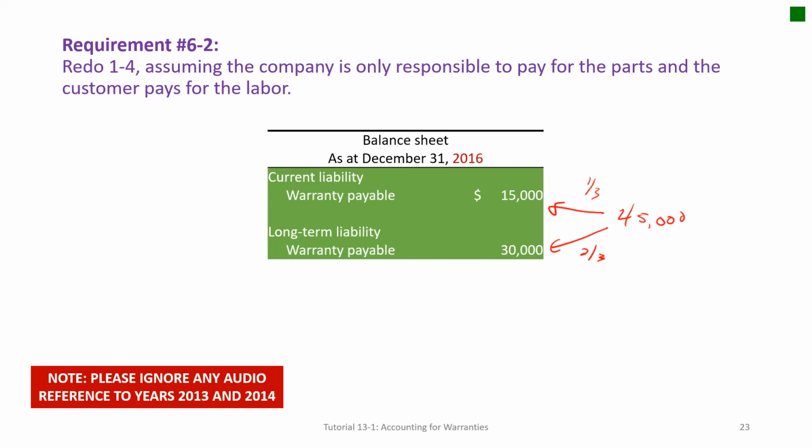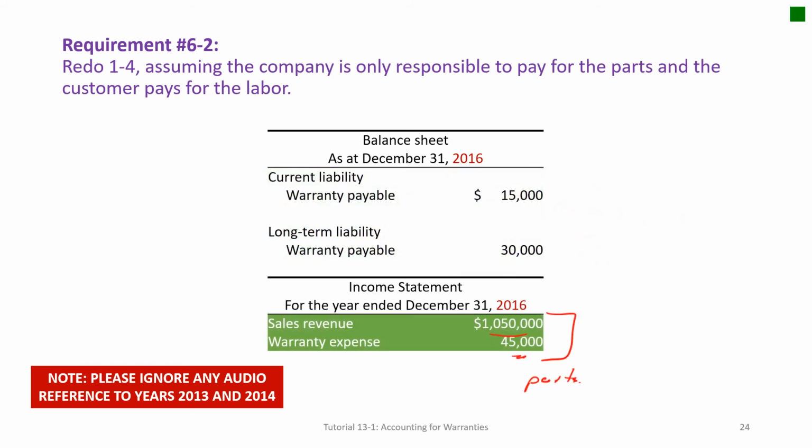This is 1/3 and this is 2/3. It's very important that you make sure that you capture this because if the warranty is only 1 year, then we're okay in recording the entire amount as a current liability. But when we have warranties that extend beyond 1 year, we have to make sure that we're constantly updating the balance for the appropriate amount. And so this makes sure that our ratios and everything continue to be correct.